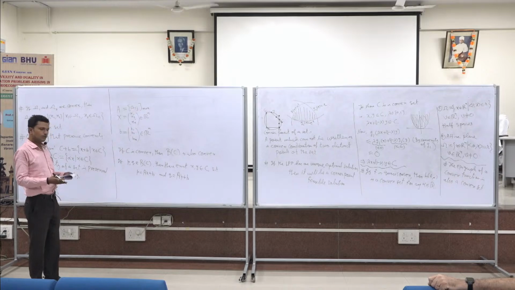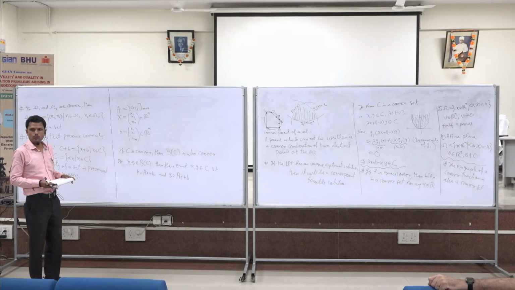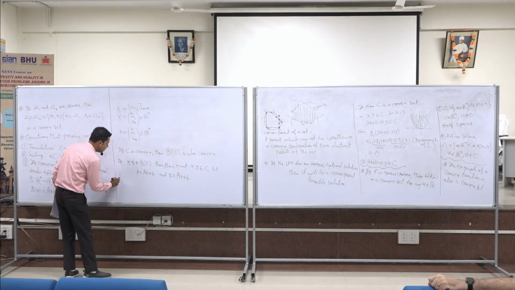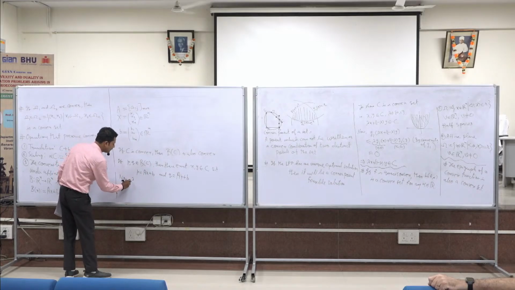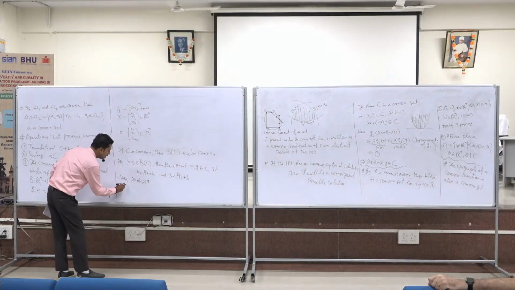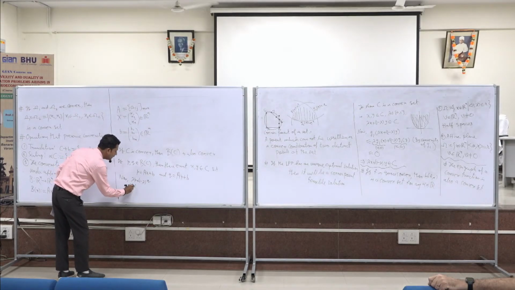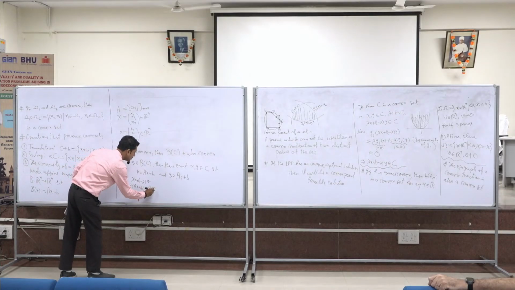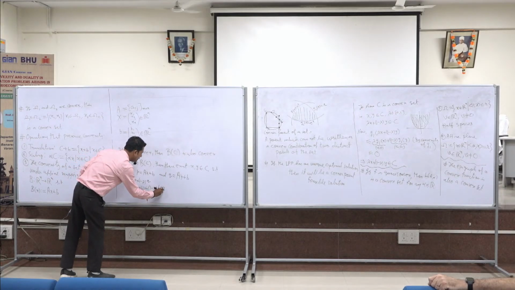Now you have to show that if you take the convex combination of P and Q, that will also be an affine mapping. So if you have lambda P plus 1 minus lambda Q, in place of P we write Ax plus b, and in place of Q we write Ay plus b, right?